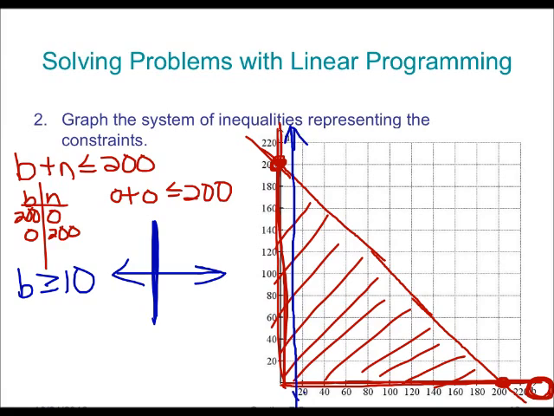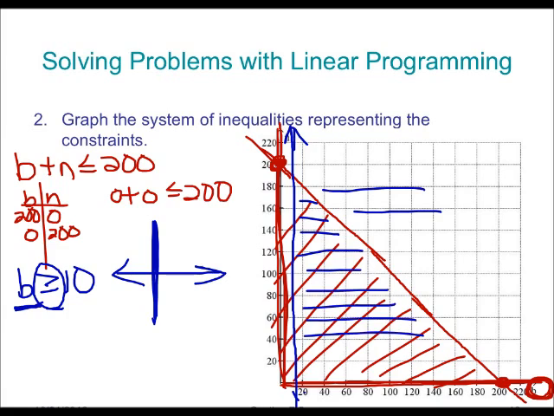Okay, you can either do a test point or you can just think about this. We need to be larger than 10. Larger than 10 is to the right. So I'm going to shade to the right. And remember, what we're looking for is the overlap. So while I can shade out here, I'm not going to, because I already know that I'm going to have to erase it because I'm looking for the overlap. And since there's no red over here, I would just have to erase it anyway, which I'm going to do now.